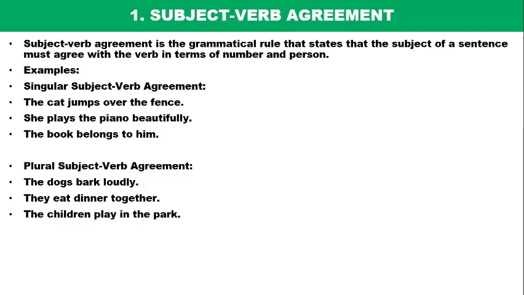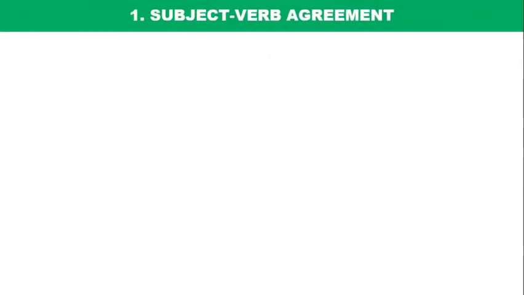So we have seen two rules of subject-verb agreement. A singular subject is used with a singular verb, while a plural subject goes with a plural verb. Okay. Now let's move on to the other types of subject-verb agreements. And so we have subject-verb agreement with compound subjects.